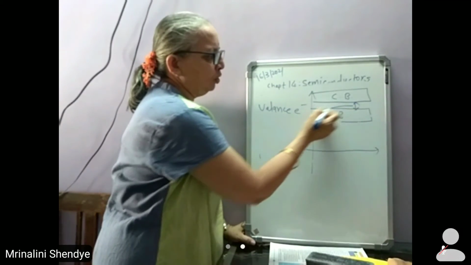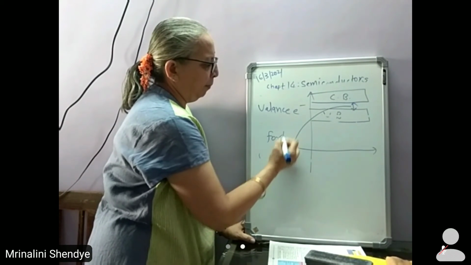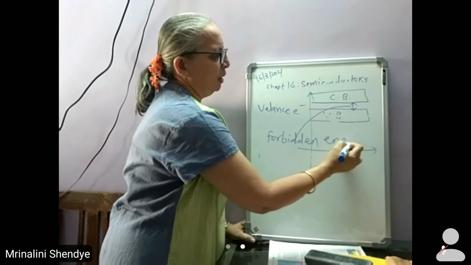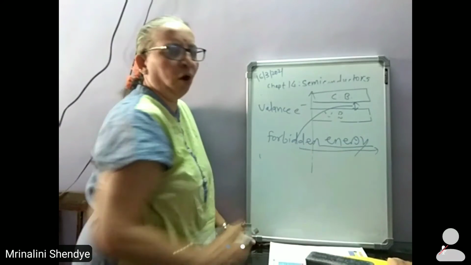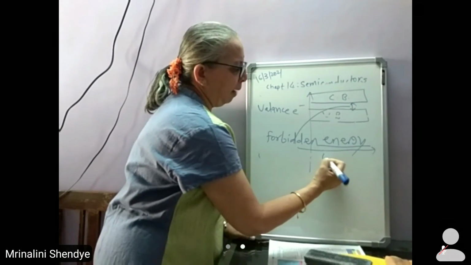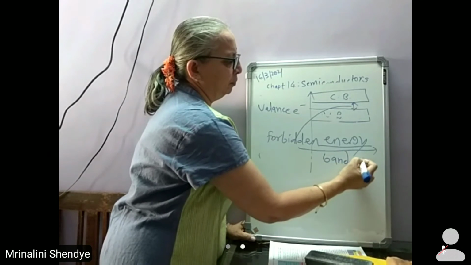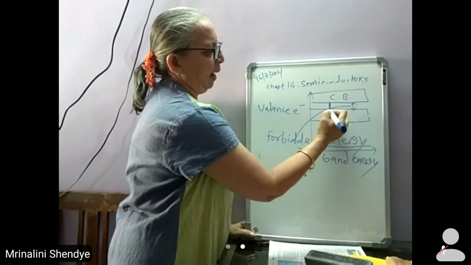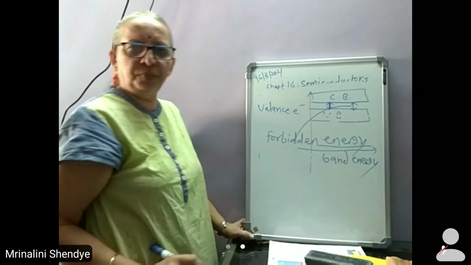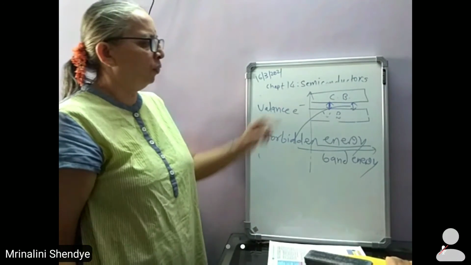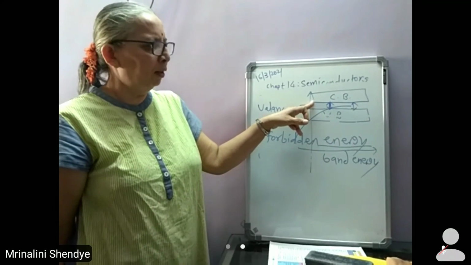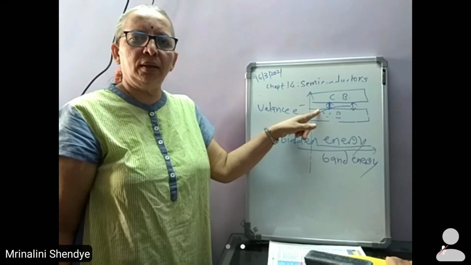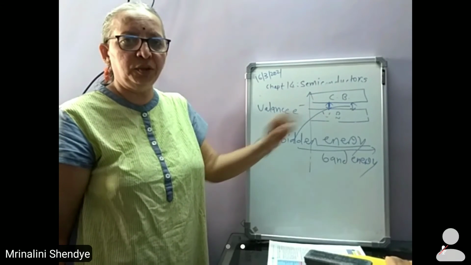This is called the forbidden energy gap, or simply energy gap, or also band gap. It is the difference between the energies of the lowest edge of the conduction band and the topmost edge of the valence band.